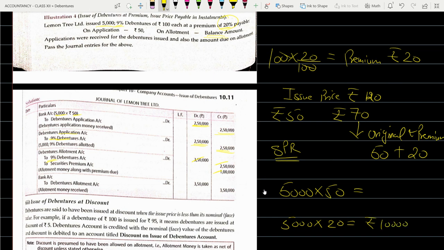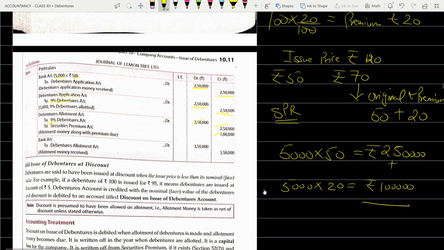In the same way, calculate for 50. Here you will be getting an amount of rupees 2 lakh 50,000. Adding these two values, you will be getting the amount of rupees 3 lakh 50,000. I hope I am making it clear to you all. Any doubt in this, please let me know.